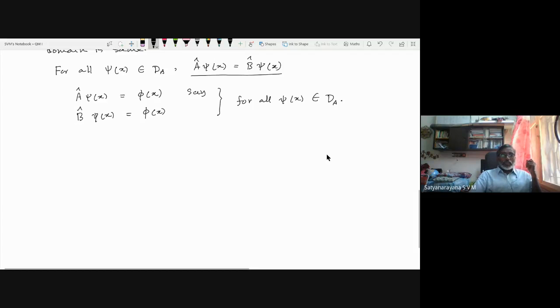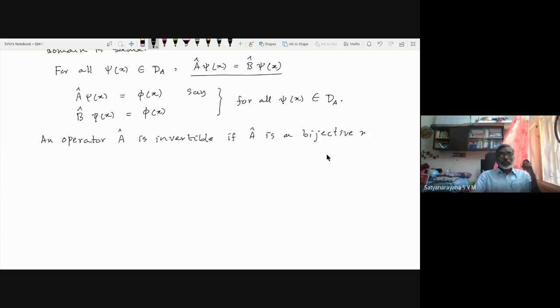Now, just like we have this general notion in mapping, an operator A is invertible if A is a bijective mapping.